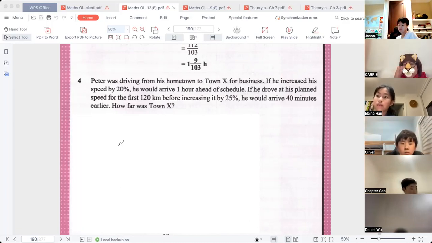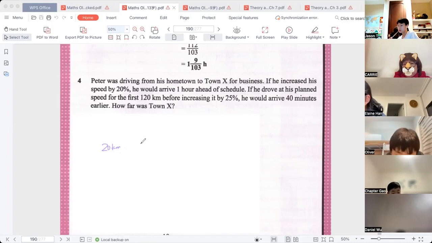But you have to understand, if we speed up by 20%, and the distance is the same, are we going to affect the time? Just to give you an example: if the distance is 20 kilometers, and we go 2 kilometers per hour, obviously it takes 10 hours to arrive, right?